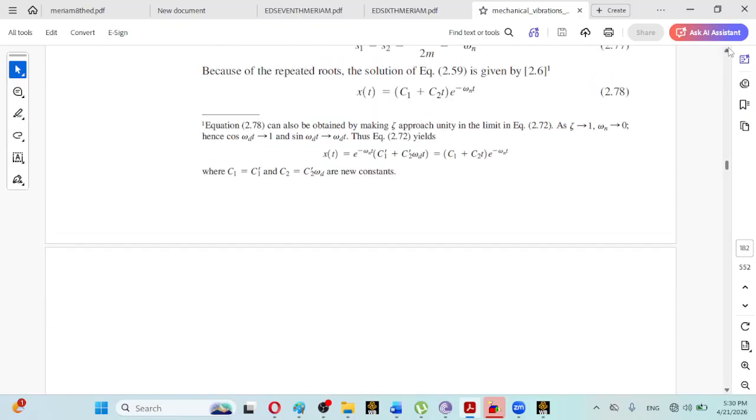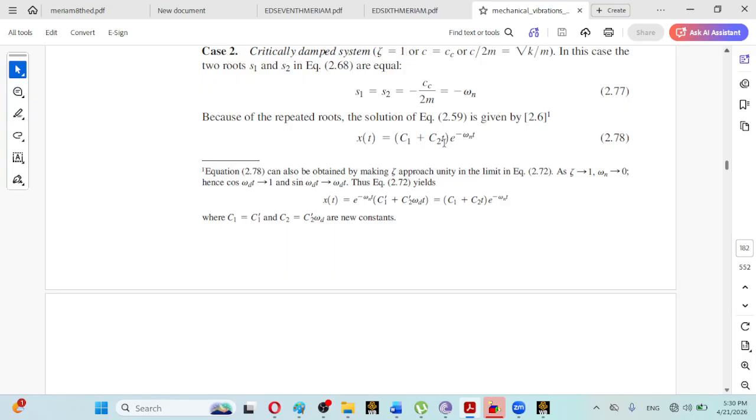As you can observe here, the second solution c2 has been multiplied by simply t, because c1 was the solution c1 e minus omega nt, and the other solution was c2 into e minus omega nt. So to make this solution distinct from this solution x1t, we have multiplied it with the independent variable time.